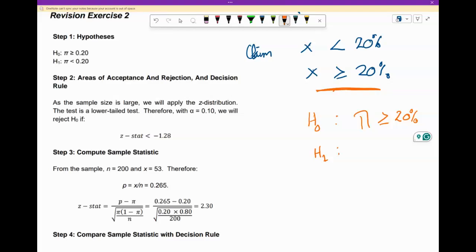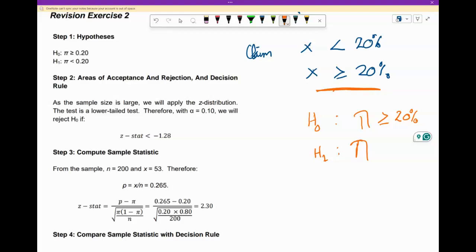Remember, you have to interpret. Think about it like this: here we were saying 20% of accidents, and we're talking about the population. What is the population of accidents that are caused by untidiness? So it has to be deciphered in the question.